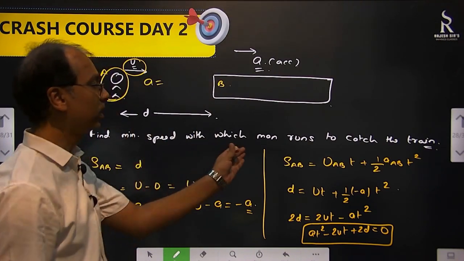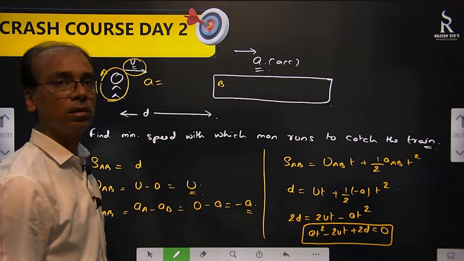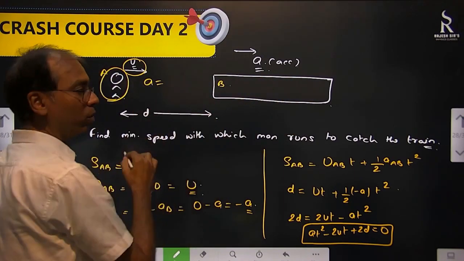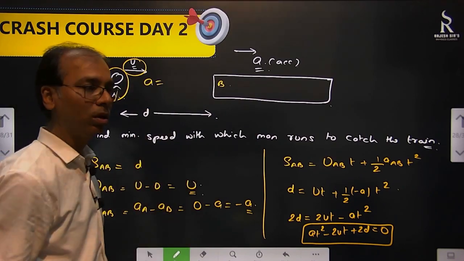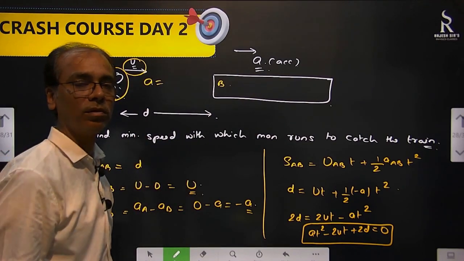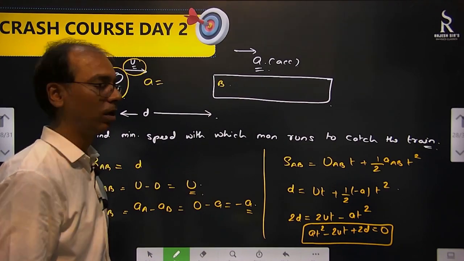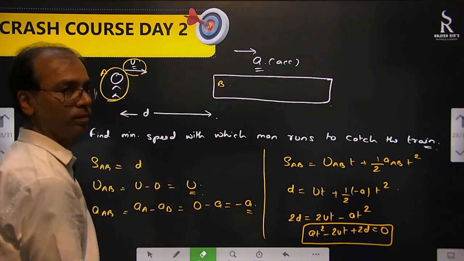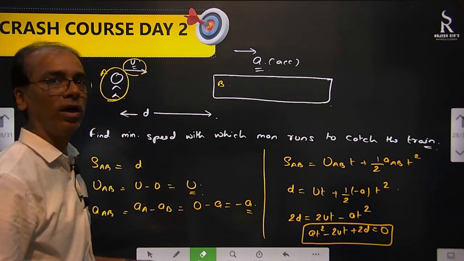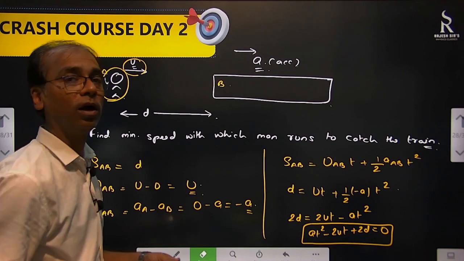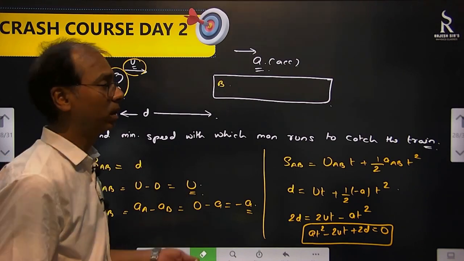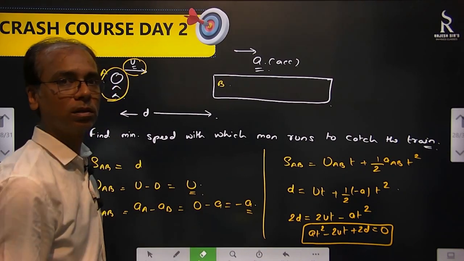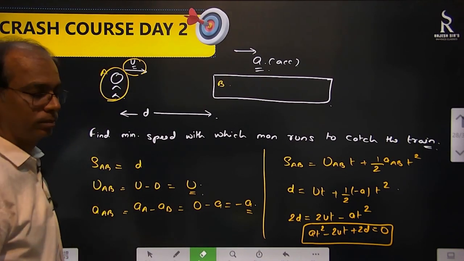When the train moves, are you going to increase your speed slowly, or will you run with the fastest speed you have? It's not that after 5 minutes I am going to accelerate. No way, you will lose the train. So you start with maximum speed. Understood?